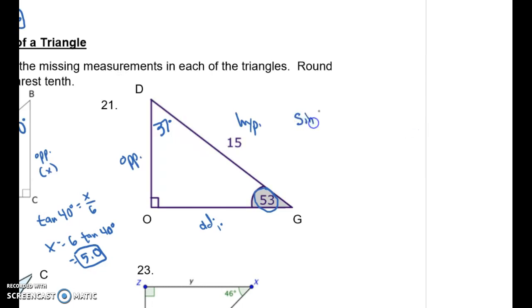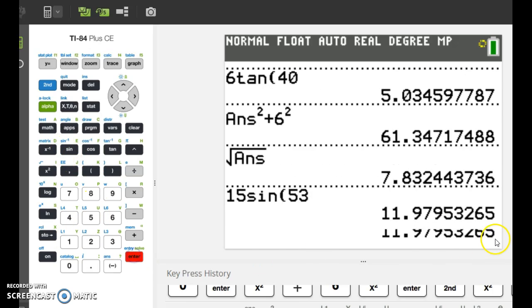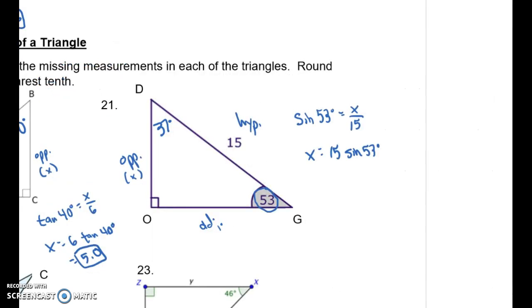The sine of 53, let's call this x, is x over the hypotenuse, which is 15. So we'll type that in, 15 sine of 53. And we get 11.979, rounded to the nearest tenth, would be 12.0.